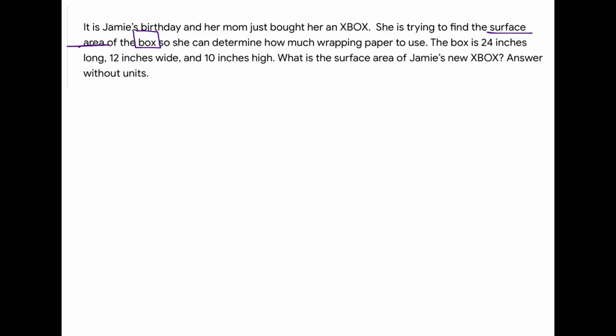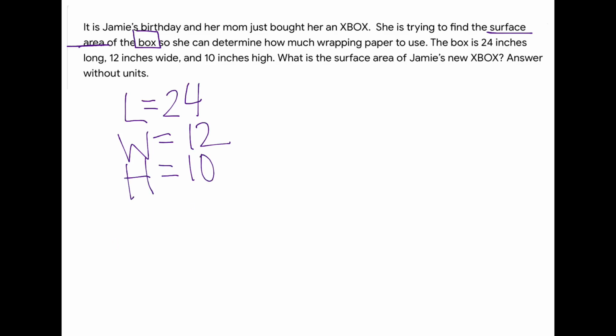The box is 24 inches long. So our length is 24. 12 inches wide. Our width is 12. And 10 inches high. Our height equals 10. What is the surface area of Jamie's new Xbox?